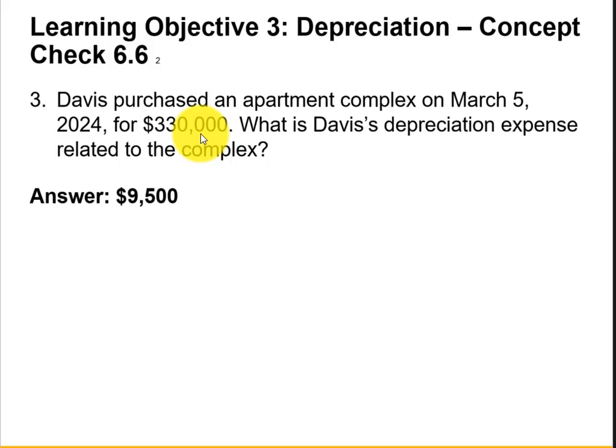That gives you depreciation for a year. But to apply the mid-month convention, which is what you have to do for every real estate purchase, you then divide by 12 and multiply by 9.5. It's always a half. It's never 10. It's never 9. It's 9.5.